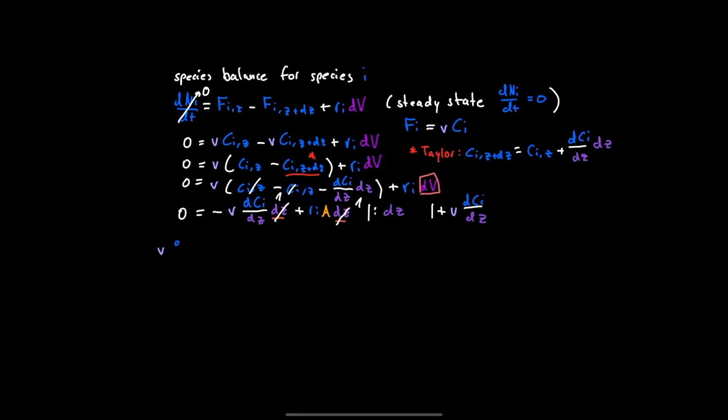So V dci divided by dc is going to be equal to Ri times A.